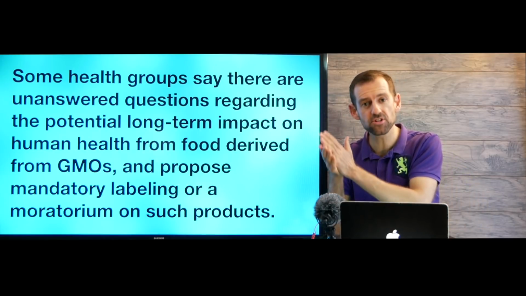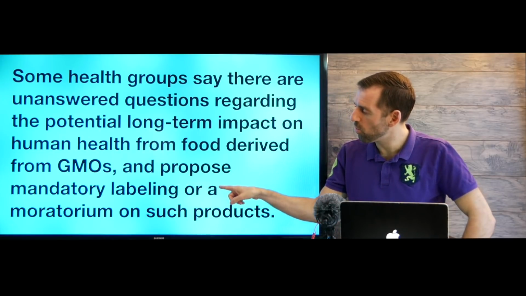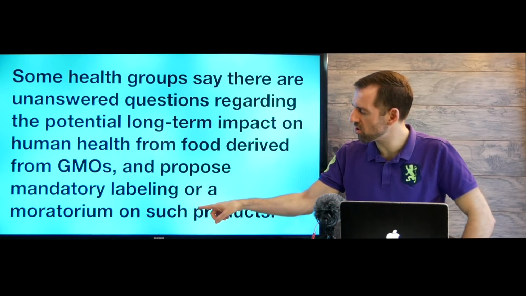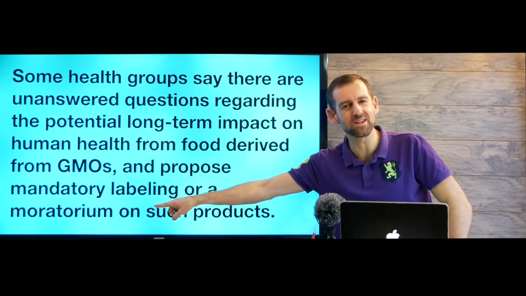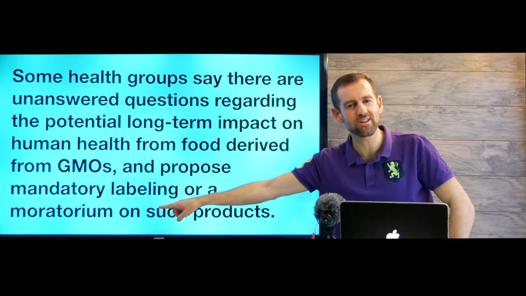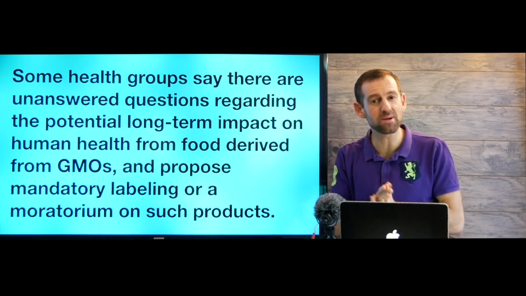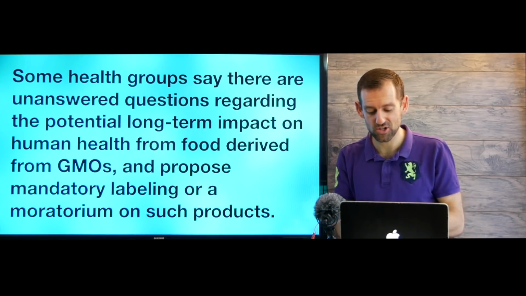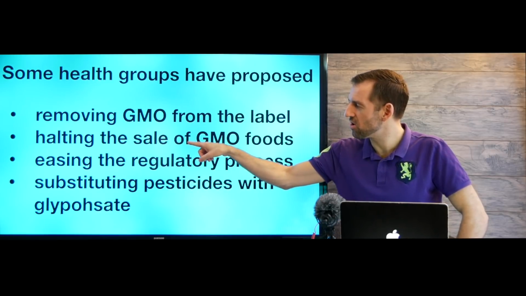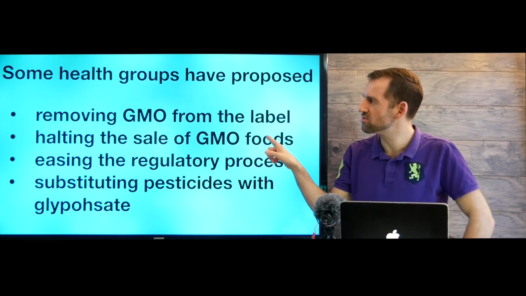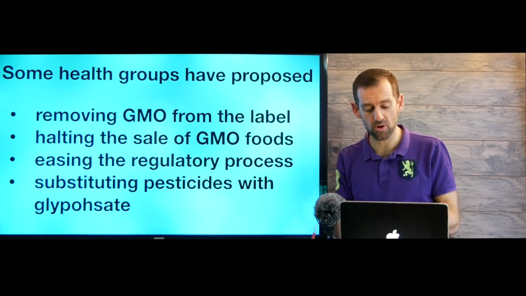Mandatory means they have to do it, mandatory labeling, or a moratorium on such products. What does moratorium mean? Moratorium means stopping something, okay? Just like halting. So the correct answer is halting the sale of GMO foods. Okay, that's what they're proposing.